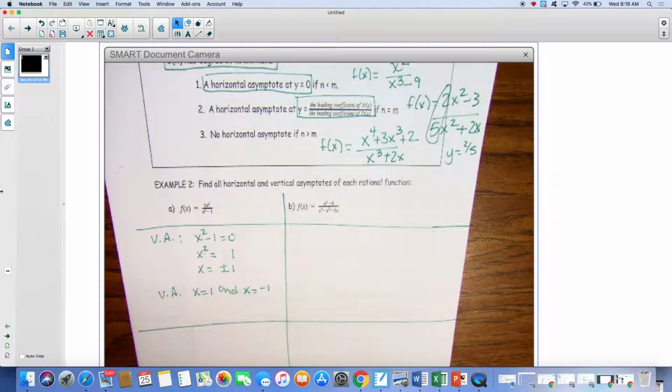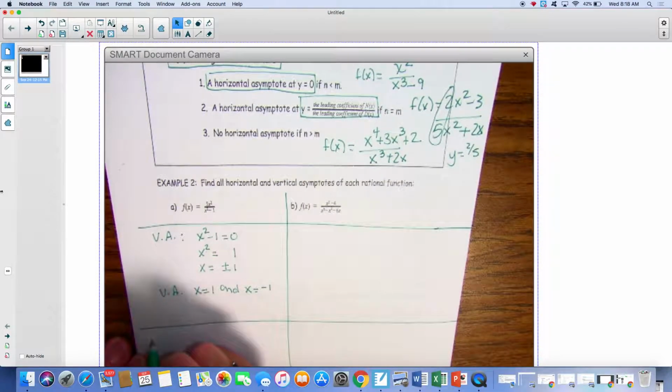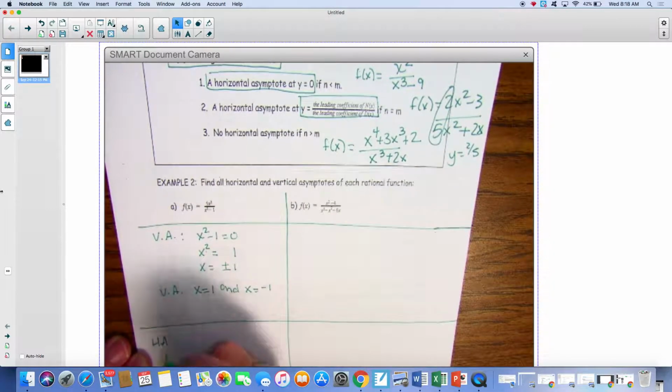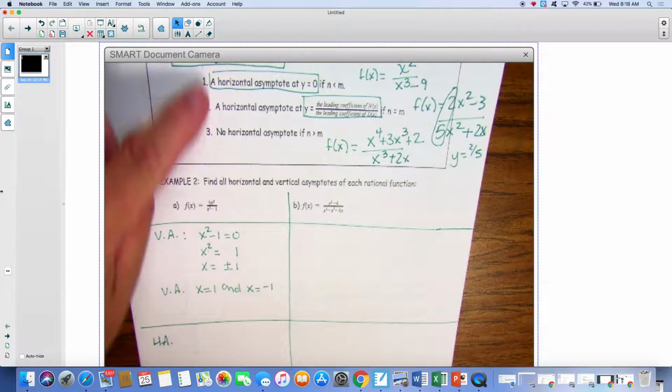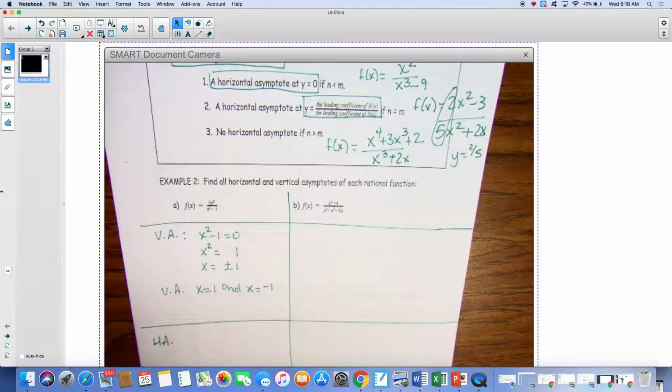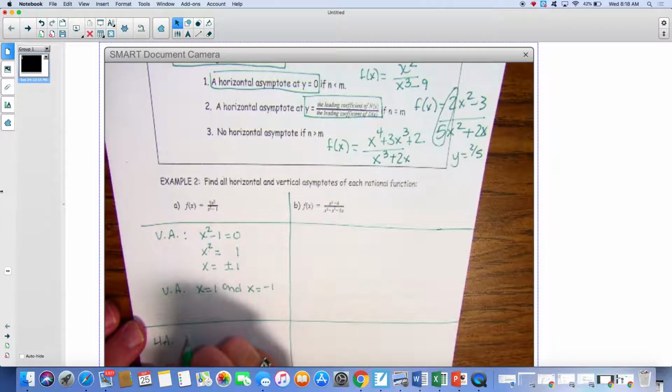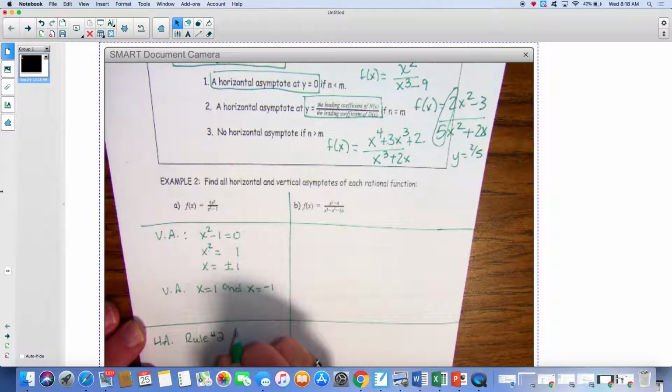Horizontal asymptote. Which rule applies? 1, 2, or 3 here? Rule 2, because n equals m.